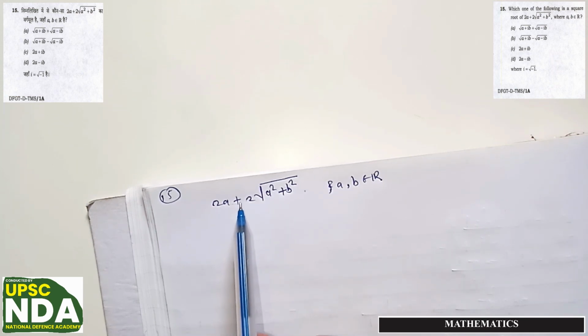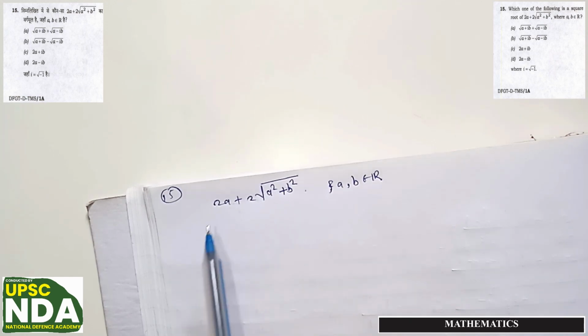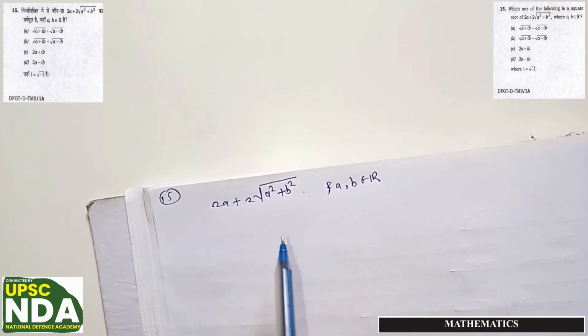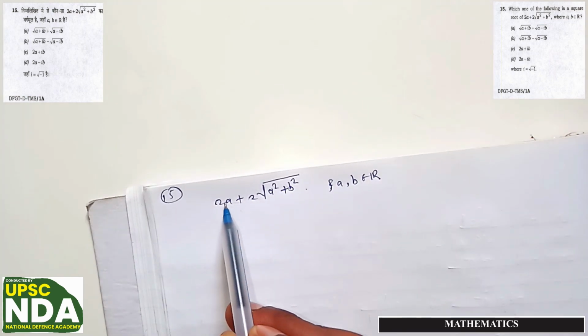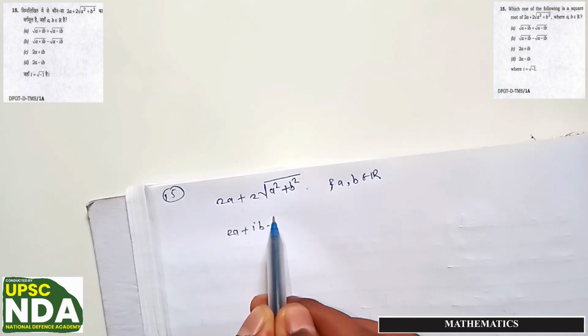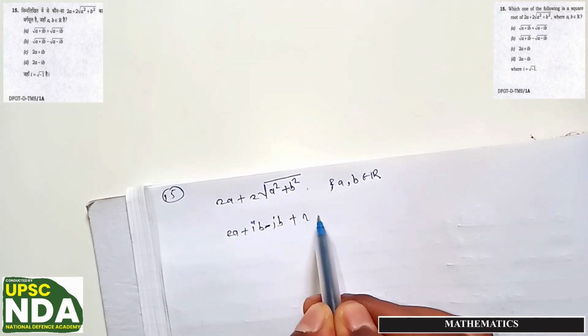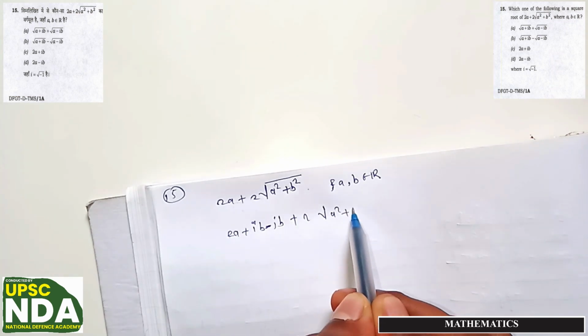Now try to add and remove some terms in our expression. It is quite confusing, but we can solve it easily. So here we can add some term and remove it: 2a plus ib minus ib, plus 2 times the square root of a square plus b square.